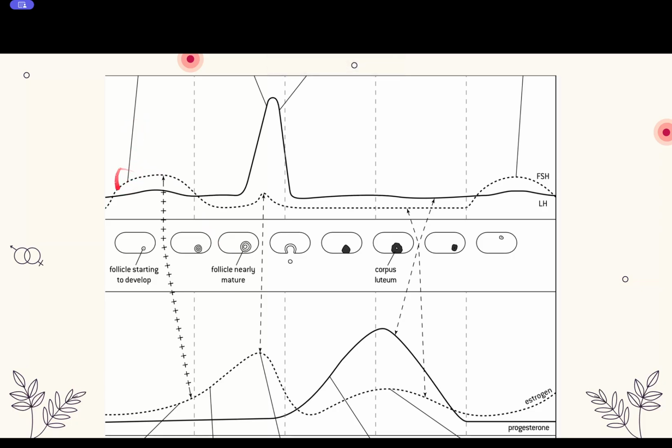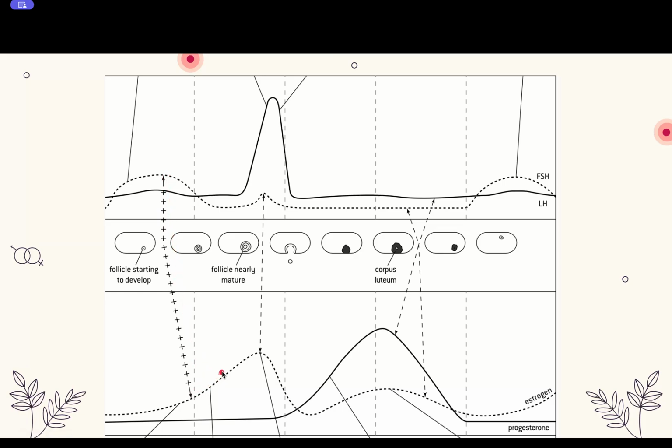This is where FSH first rises. This is where the follicle will start to develop. And as it rises, it also triggers estrogen to start rising, which is why it's a positive feedback loop, because the more FSH rises, the more estrogen rises, and the more estrogen rises, the further it helps FSH rise.